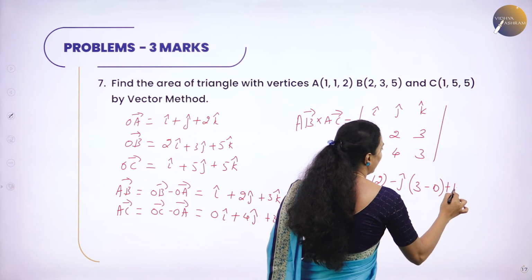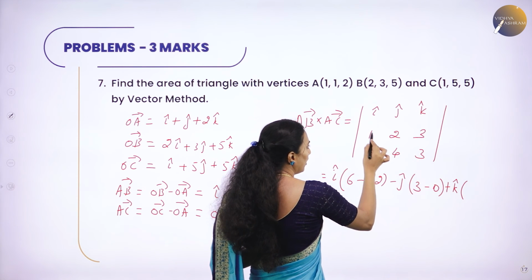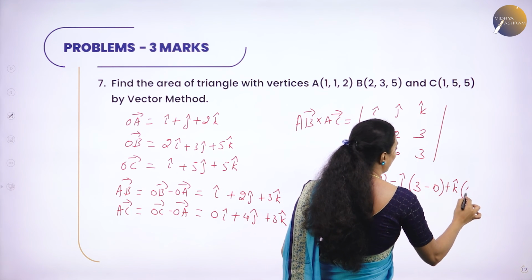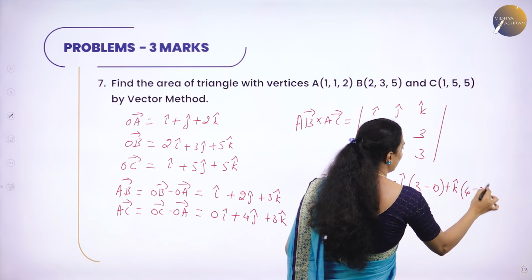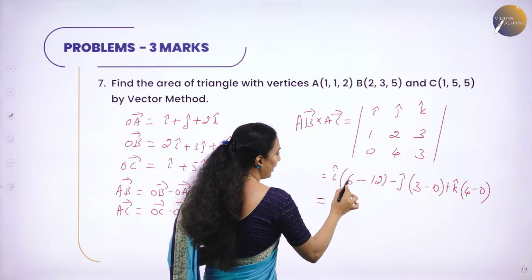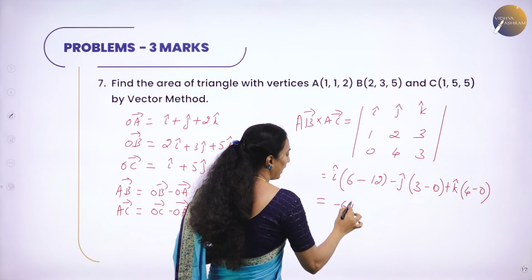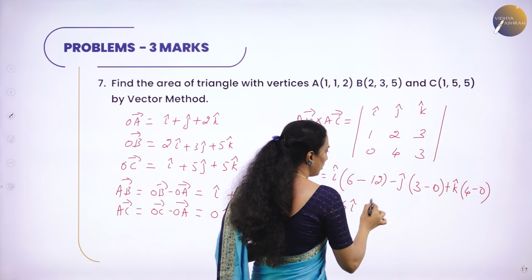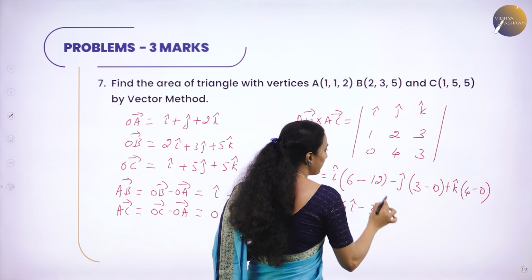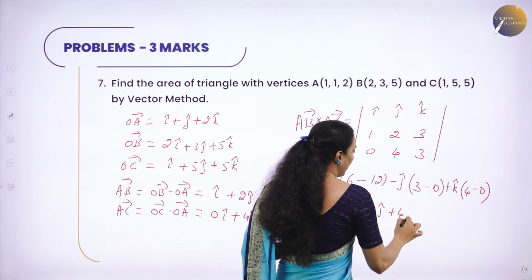Again plus k into 1 into 4 is 4 minus 0 into 2 is 0. Simplifying, 6 minus 12 is minus 6i cap, 3 minus 0 is 3, minus 3j cap, 4 minus 0 is 4, 4k cap.